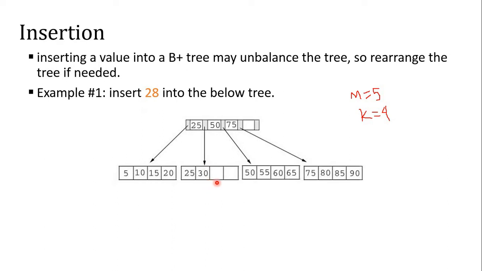We have to right shift the value 30, and one blank key field will appear here, and we will insert 28 here. That is basically the rule. So 30 will be shifted from the second place to the third place, and in the second place 28 will be inserted.